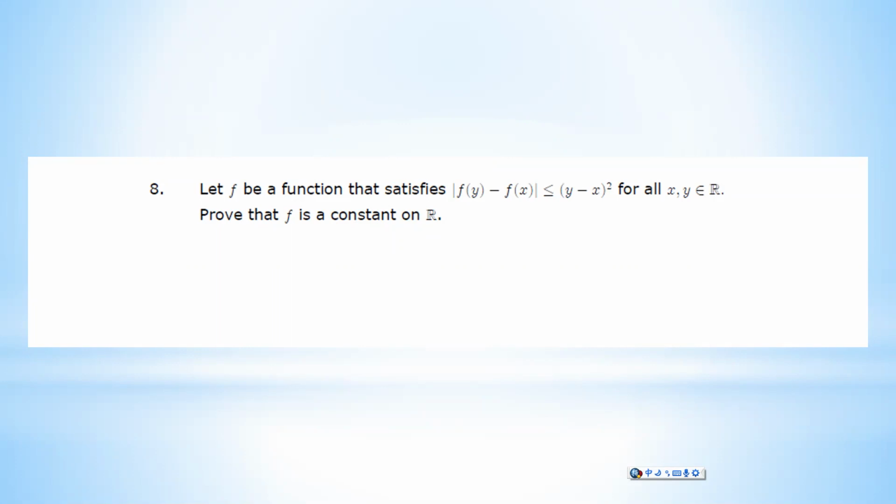I didn't assume anything else. The assumption says that the difference of function values is always controlled by the square of the difference, (x minus y) squared. And then we want to prove that f is constant. We want to show that f is just a constant.